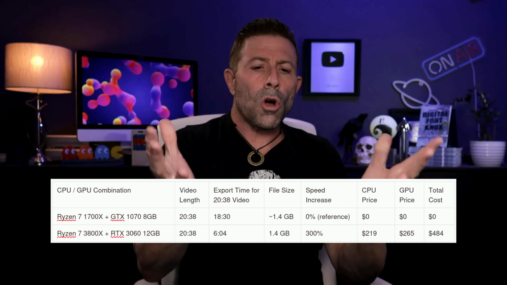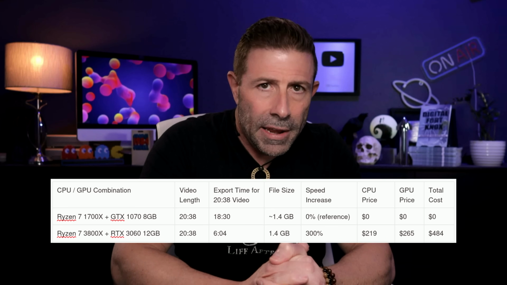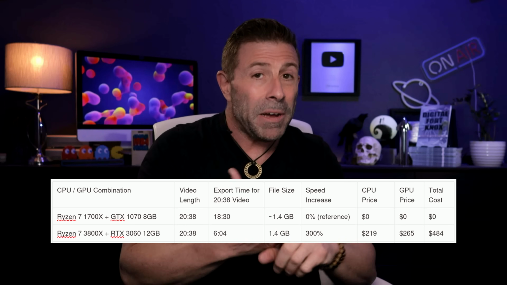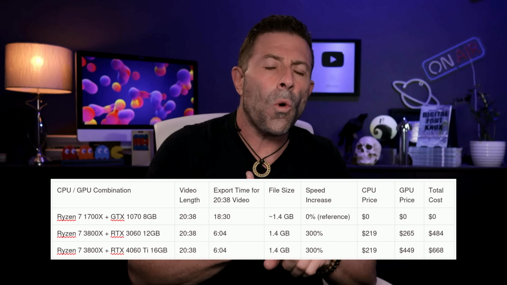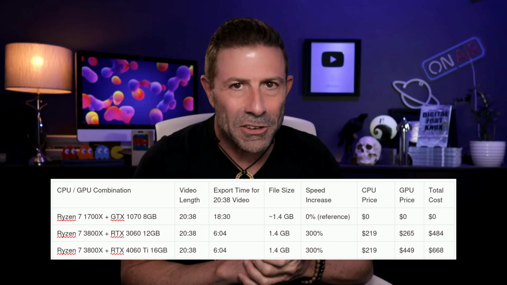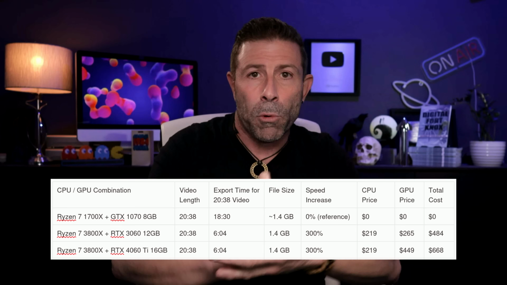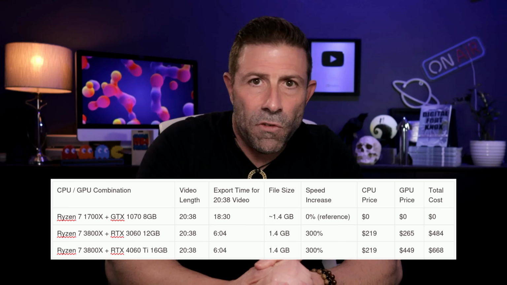So a total cost of $484. Now, what's really interesting here is when we moved once again from that 3060 to the 4060, that cost about $180 more. The cost of the CPU is still $219, but the cost of the GPU was $449 in comparison to $265, and we got the exact same export speed of 6 minutes and 4 seconds.